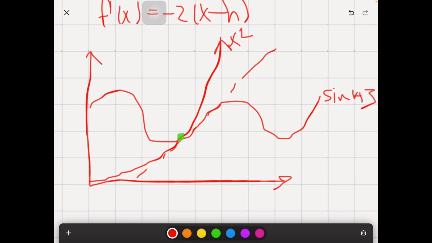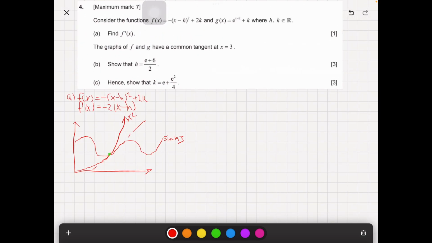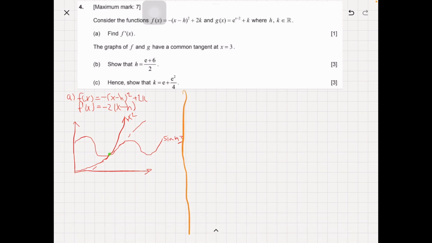These two graphs actually intersect at that point. So how is this useful information? Well, we can use it to solve parts B and C. And for part B, I'm going to use the fact that the slopes of those two functions at that point are the same. In other words, the derivative is the same.